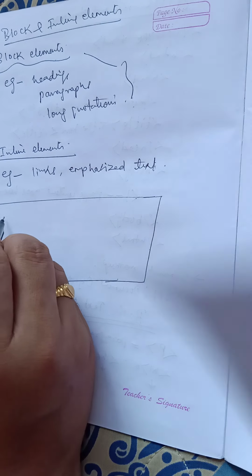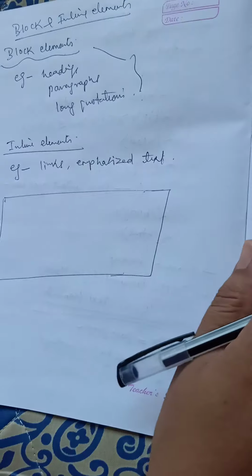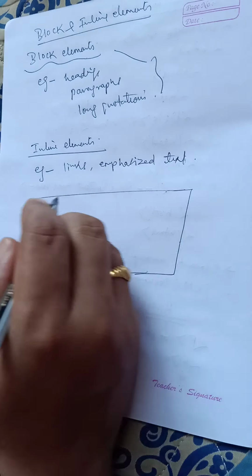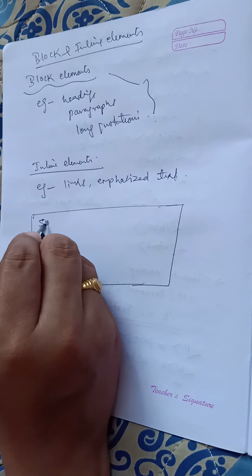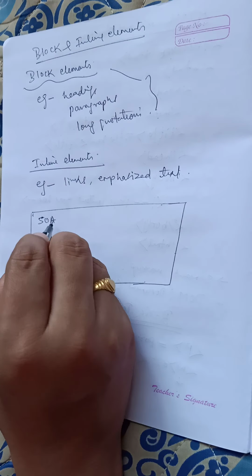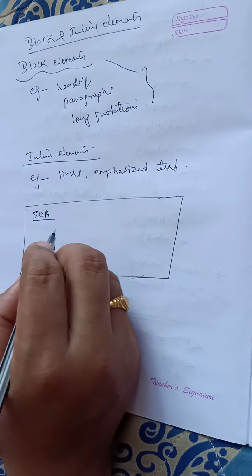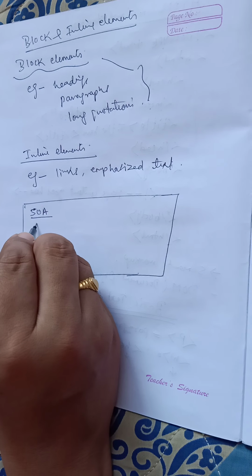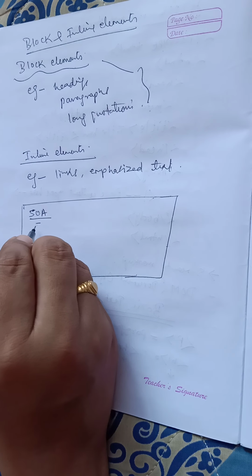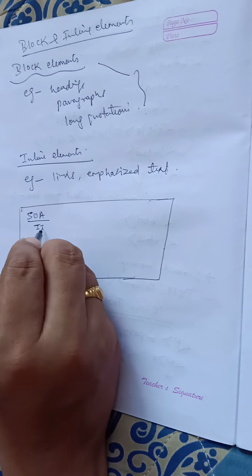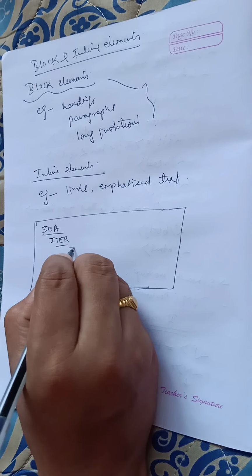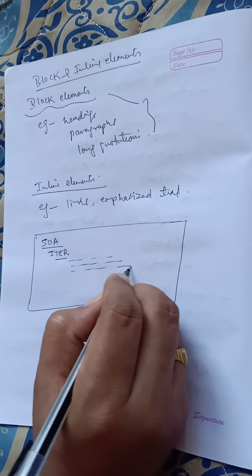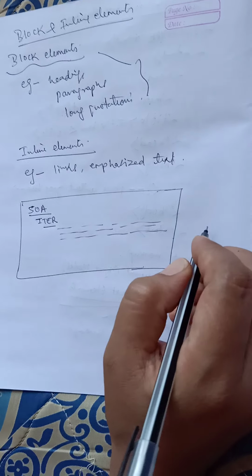Okay, here suppose a heading is there, SOA. Okay, this is my heading. Then here suppose it is written ITR, and about ITR some statements are written here.